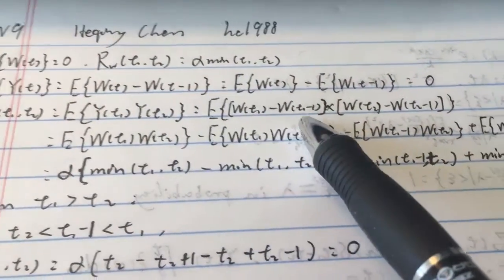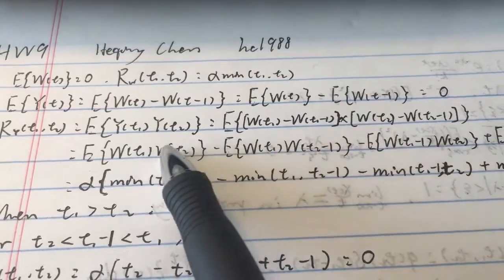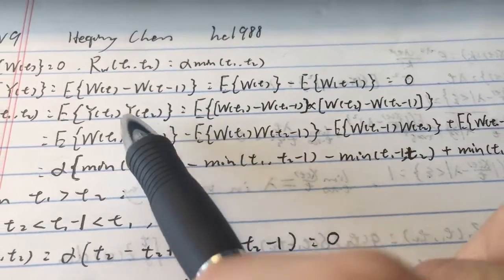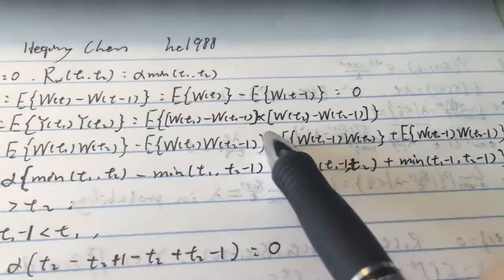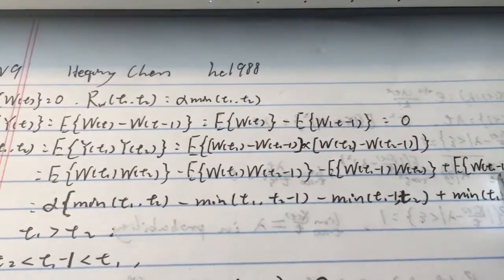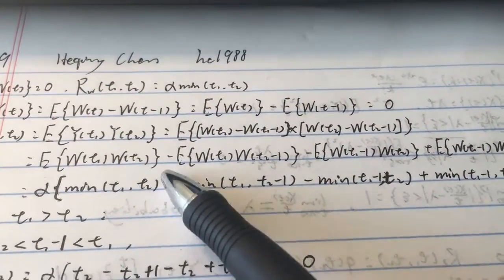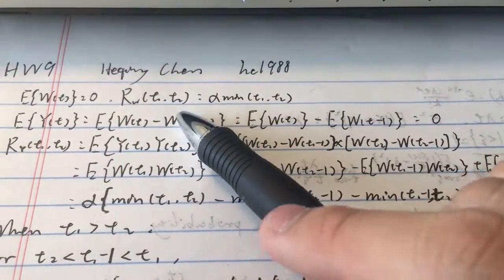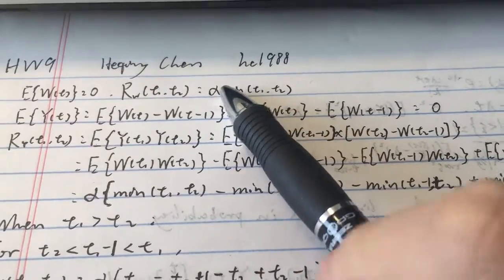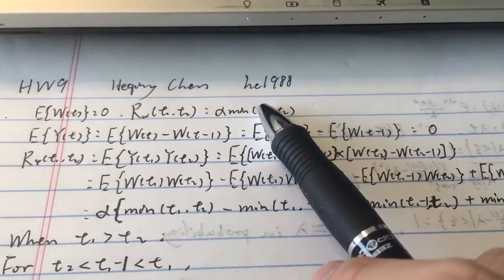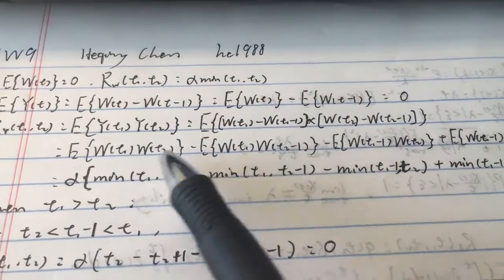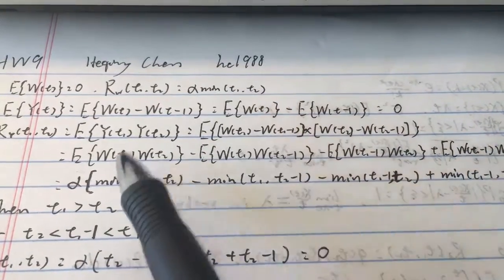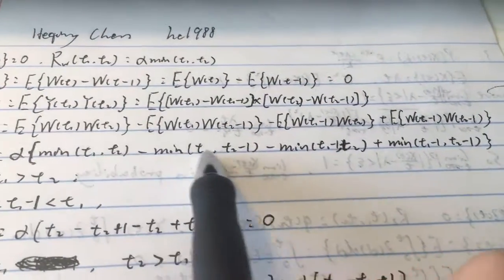We put Y(t) into this, and it's a zero-mean calculation, and we get the formula. Because we have the autocorrelation of W(t), which equals alpha multiplied by the minimum between t1 and t2, we put this into this equation, and we get this.